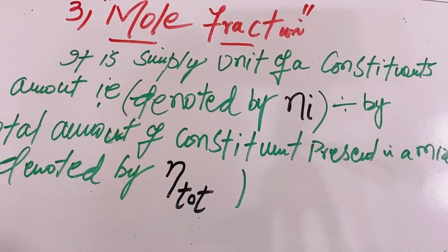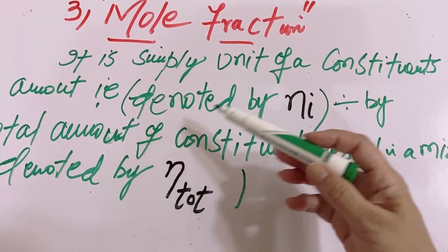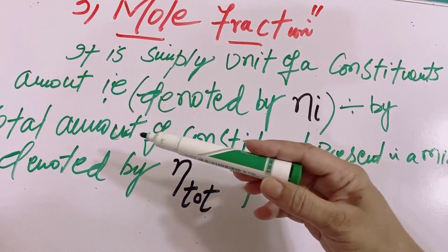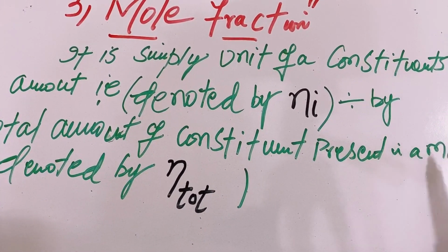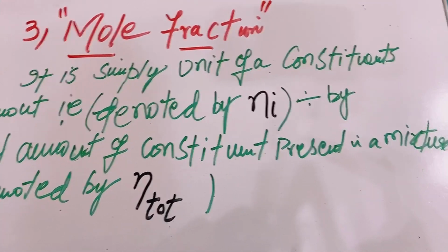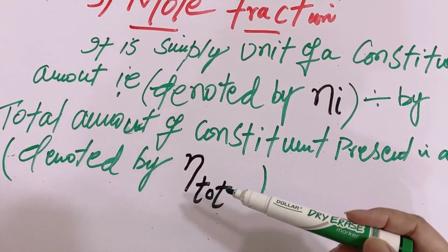Third very important unit is mole fraction. It is simply a constituent's amount, denoted by Ni, divided by the total amount of constituents present in a mixture, which is denoted by N total, T-O-T, right?